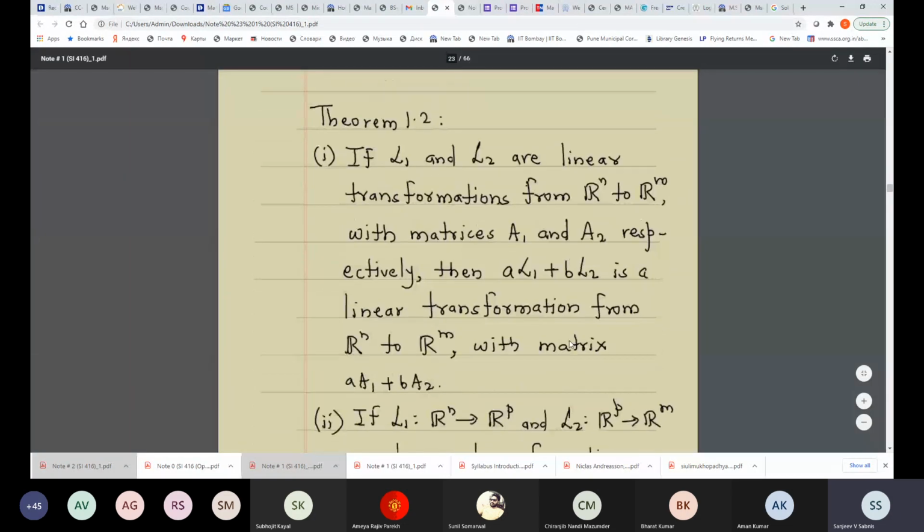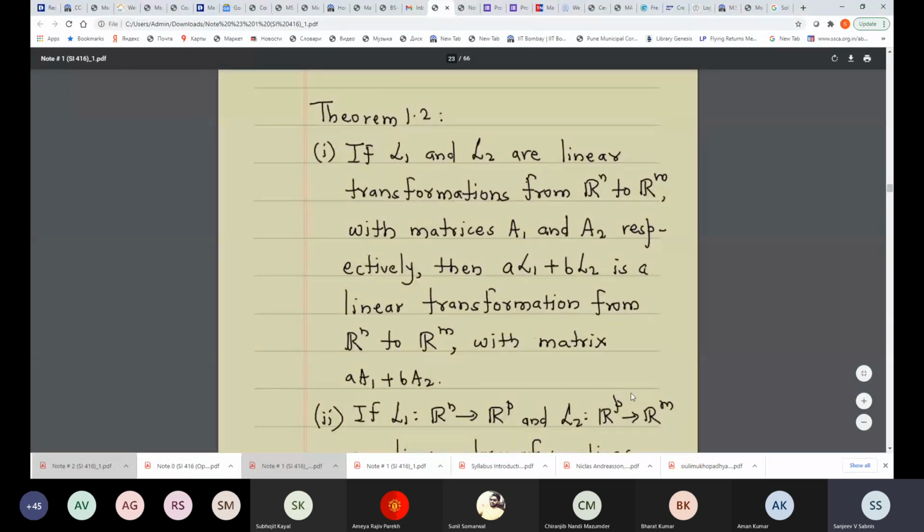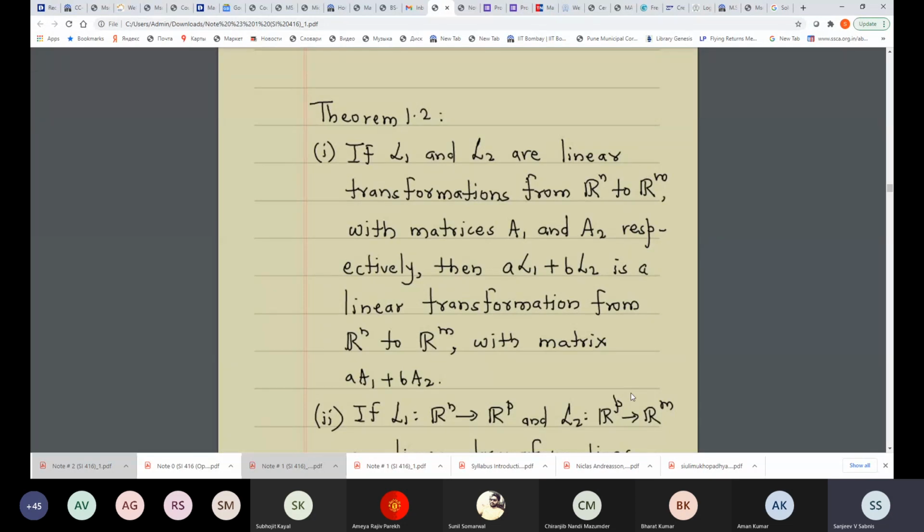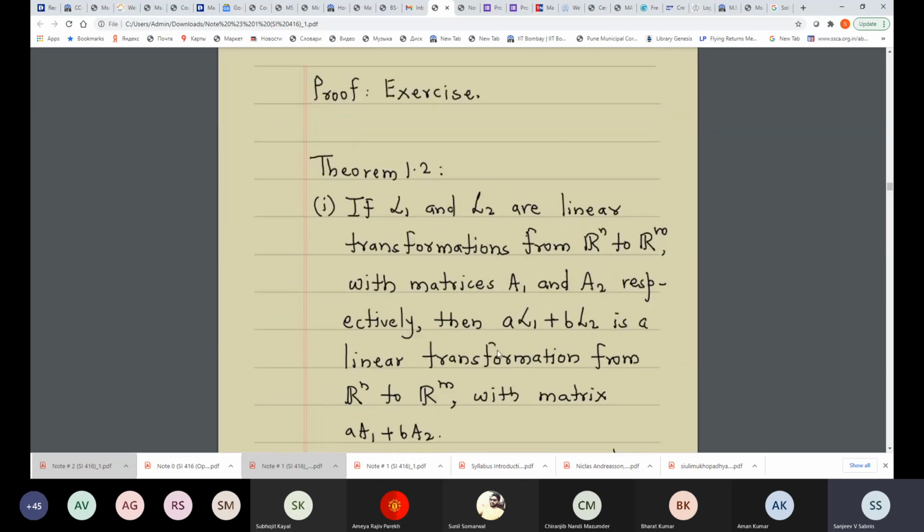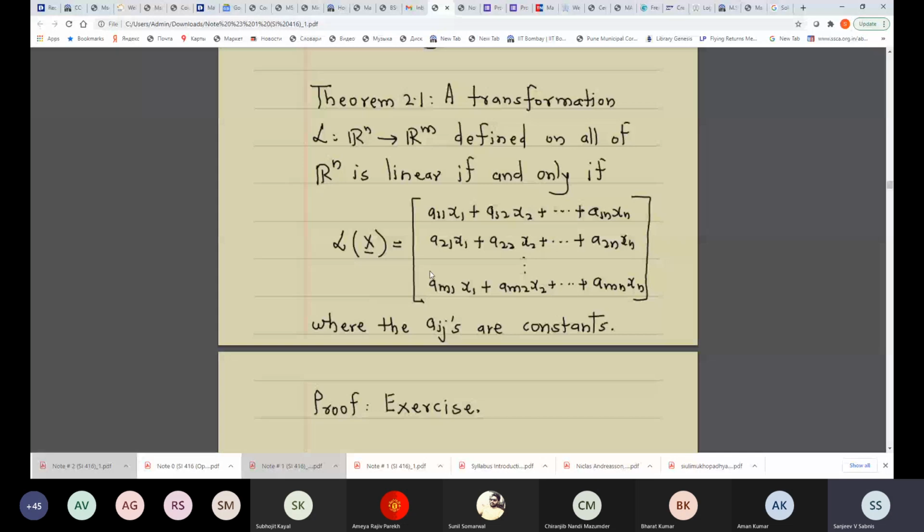Now, if L1, L2 are linear transformations from Rn to Rm with matrices A1 and A2 respectively, then a times L1 plus b times L2 is a linear transformation from Rn to Rm with matrix aA1 plus bA2. I'm using script L1 and script L2, but I'm going to be calling them L1, L2. With the transformation L, we associate a matrix A, which I described a while ago.